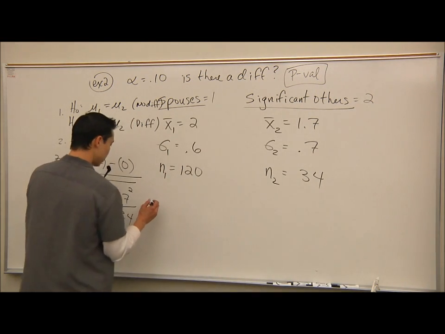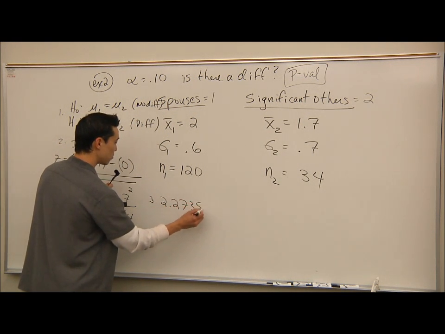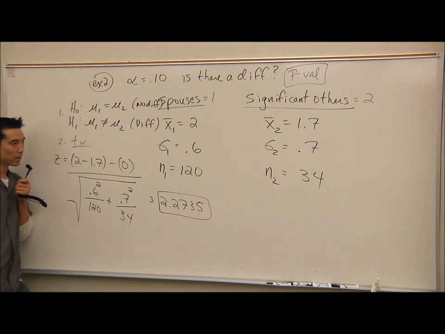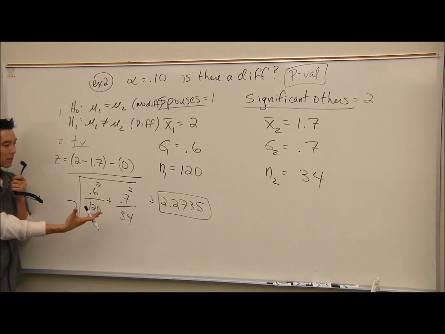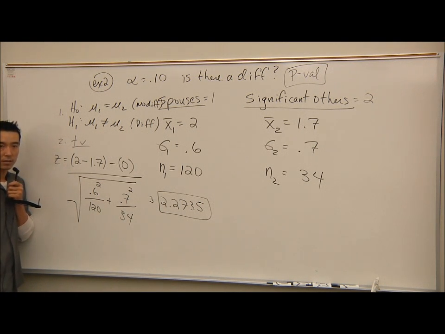So make sure you get approximately 2.2735. And again, it's crucial that you can plug this into your calculator correctly, because it's a shame to get all of this set up correctly and then not be able to plug it in and get the wrong answer. Because I grade each section, so once it goes off the rails, it's going to be really hard to give credit. So make sure you get approximately 2.2735.